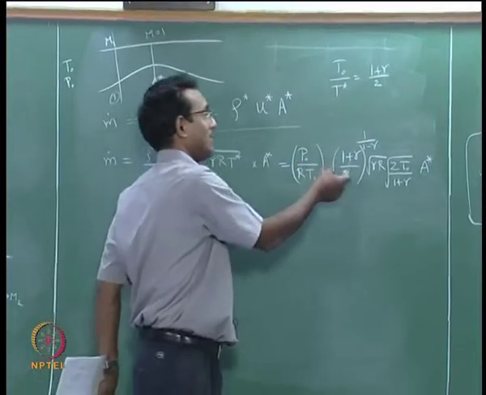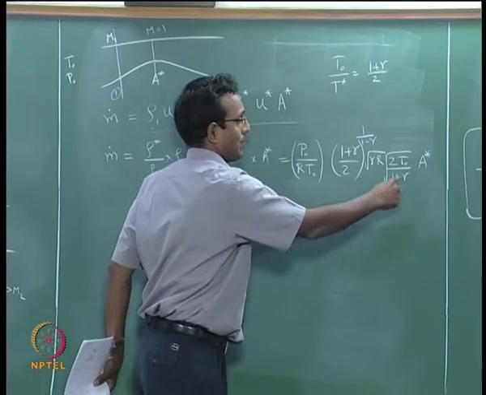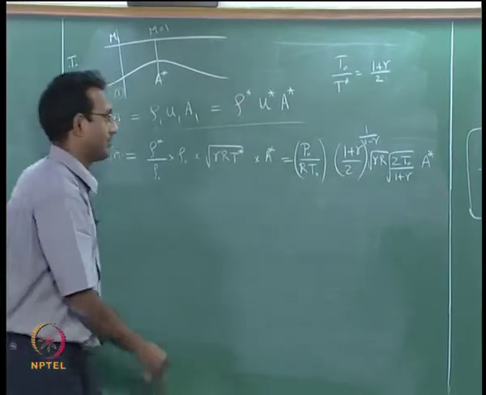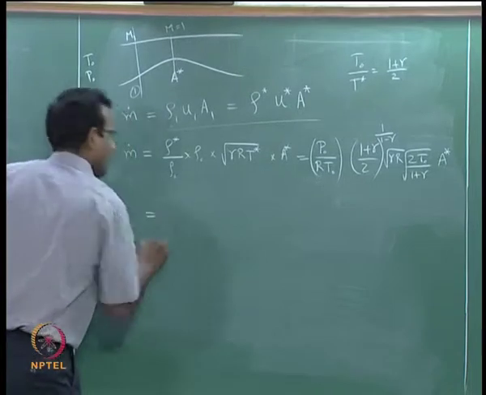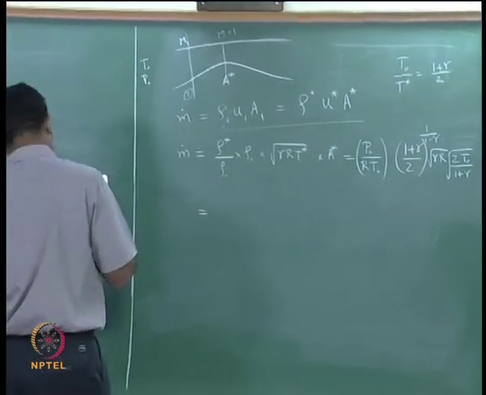Probably I can simplify this, 1 plus gamma to the power 1 by gamma minus 1 minus gamma, and 1 plus gamma to the power half. Okay. Let us say I will leave it to you as an exercise and I will just write the final expression.